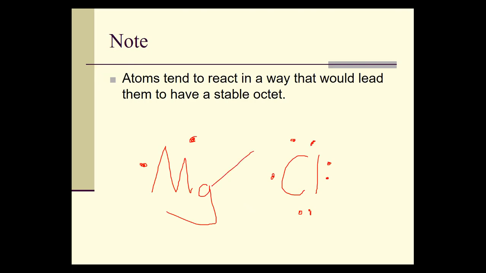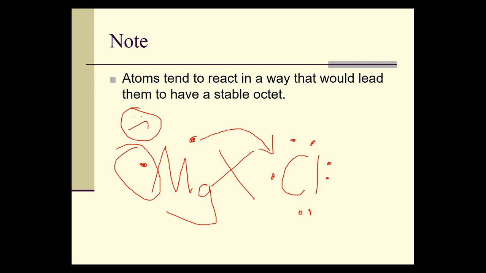These 2 are not going to bond together because even if magnesium gives away its 1 electron to the chlorine, it leaves magnesium with 1 electron in its outer shell. That does not make it happy. That makes magnesium very sad. Okay, so magnesium is not going to react with chlorine that much, at least if it's just 1 chlorine.